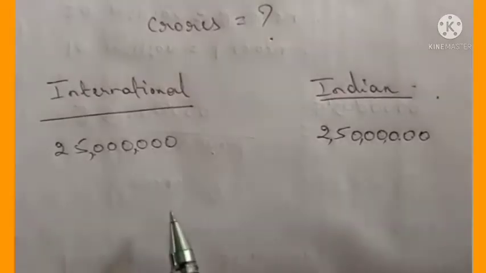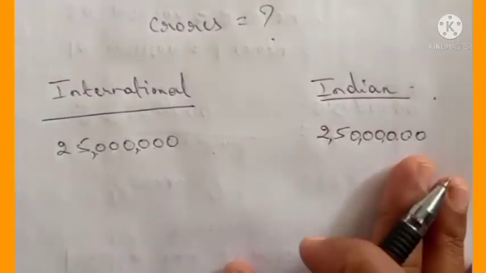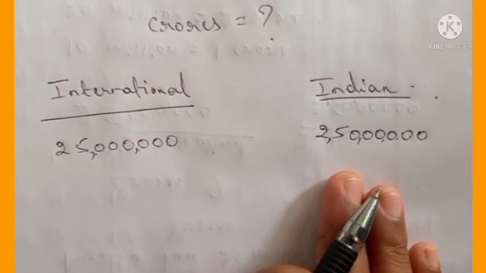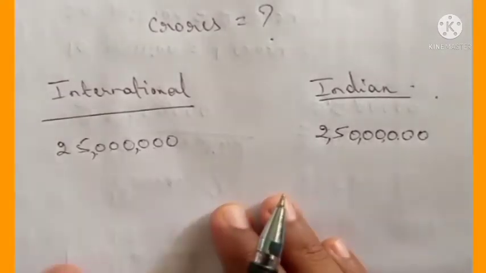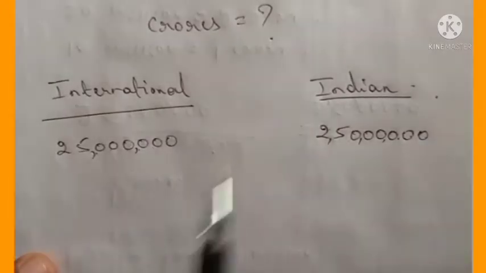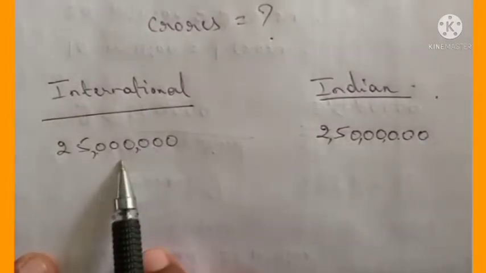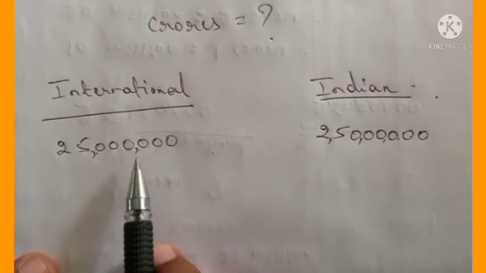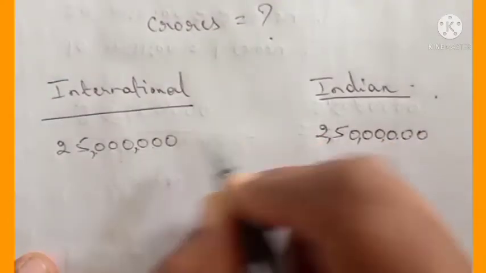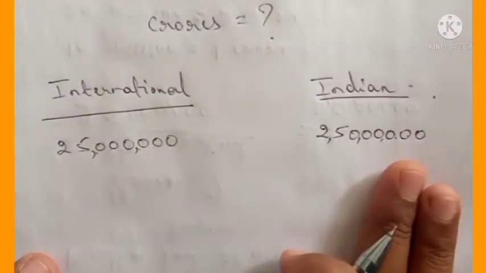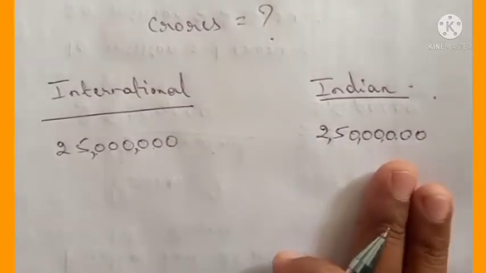Now you see, dear children, in the international system, Indian system, both I have written here. Okay, now what you should do, we need to find out how many crores are there in 25 million. Okay, so this is million and this is Indian system, crores.